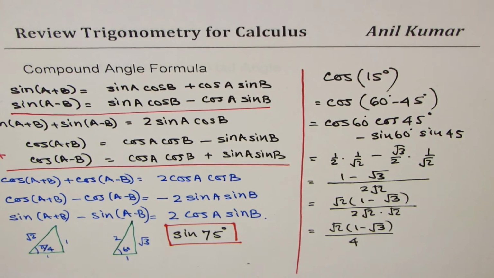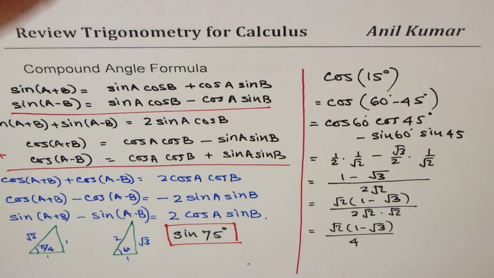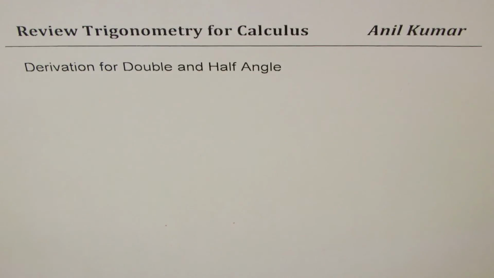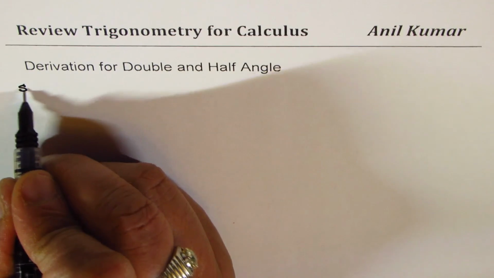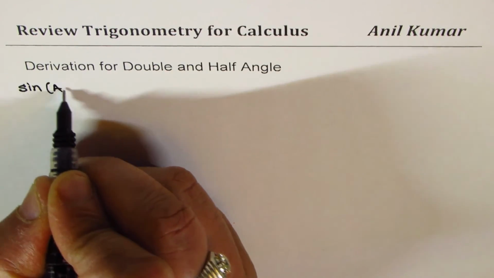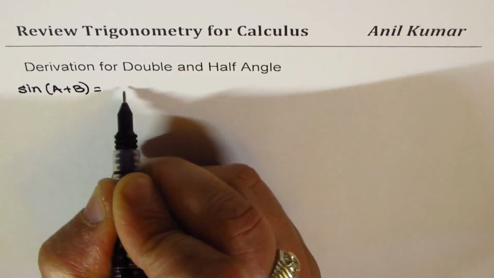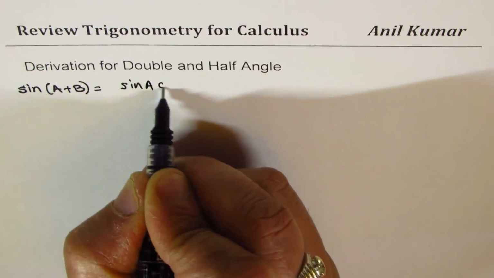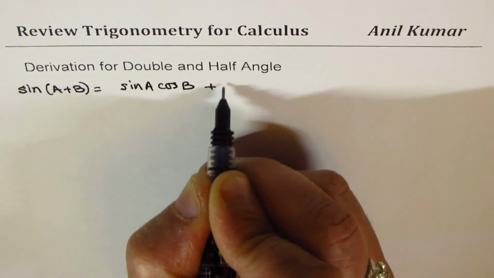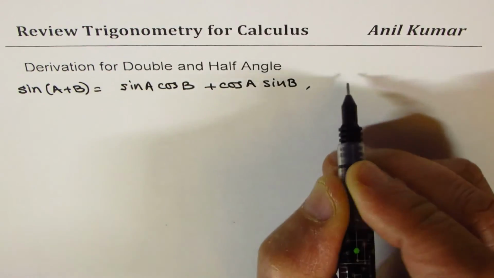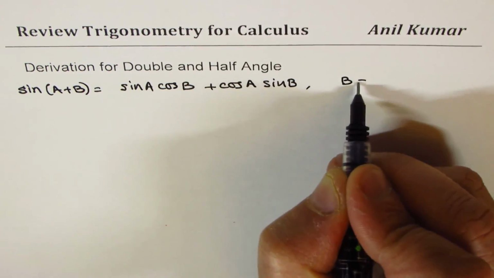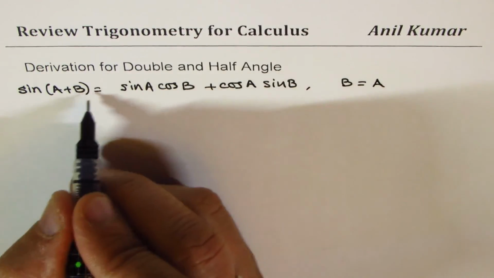Okay. Now let's move on, and now we'll take up double angle formulas. So in double angle formulas, we'll actually again work with the original compound angle formula, which is sine A plus B equals sine A cos B plus cos A sine B, right? Now if I substitute B as equal to A, both as A, what happens?